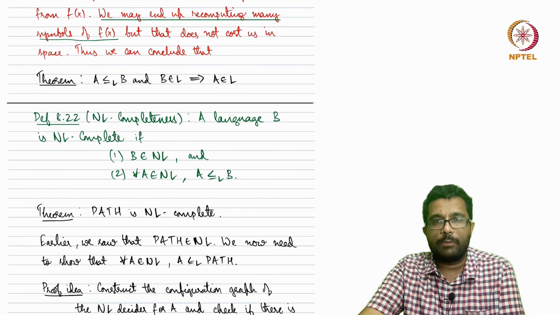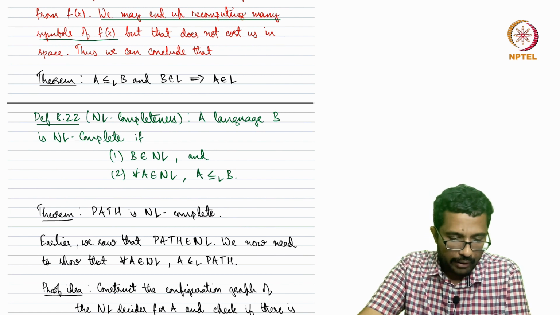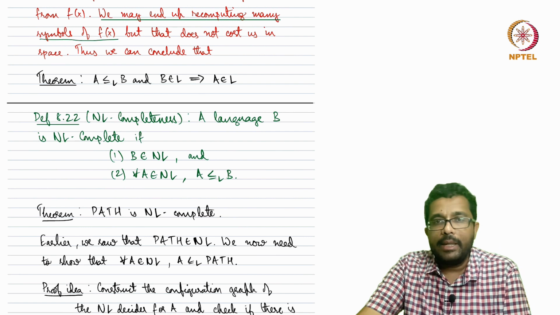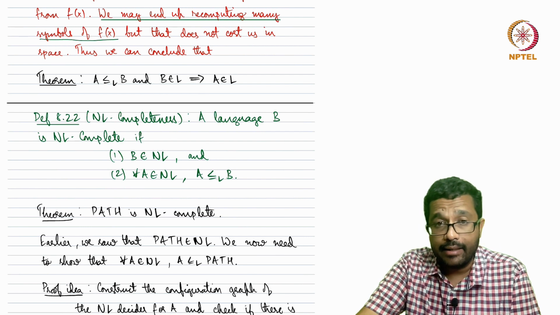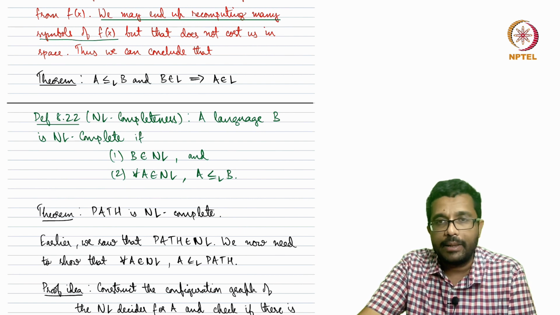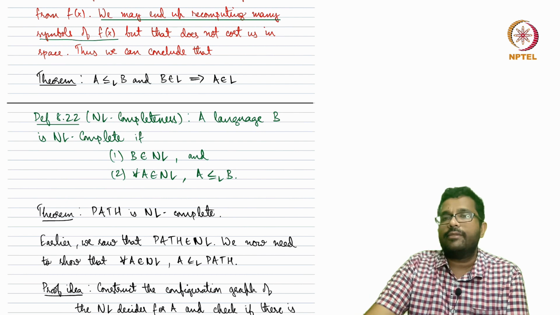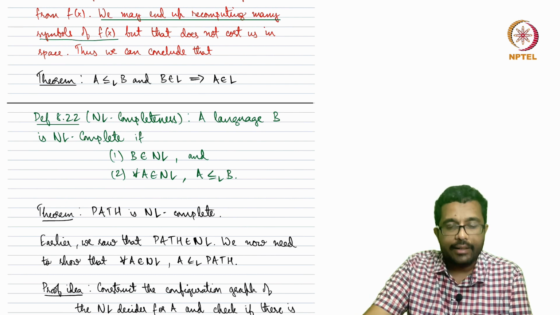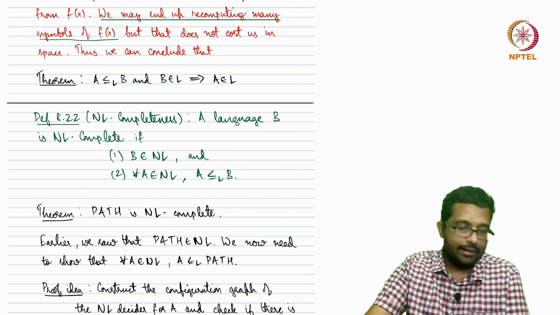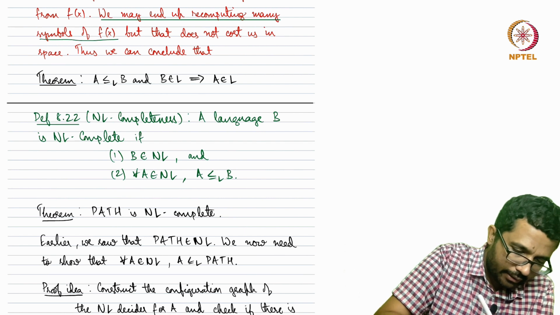Now let's finally come to NL completeness, right? NL completeness, we already said this, but I'll just repeat. B is NL complete if B is in NL and all languages A in NL are reducible to B in log space, right? So in some sense, like we said for NP, these are the hardest problems for the class NL. Maybe I'll just note that down here.